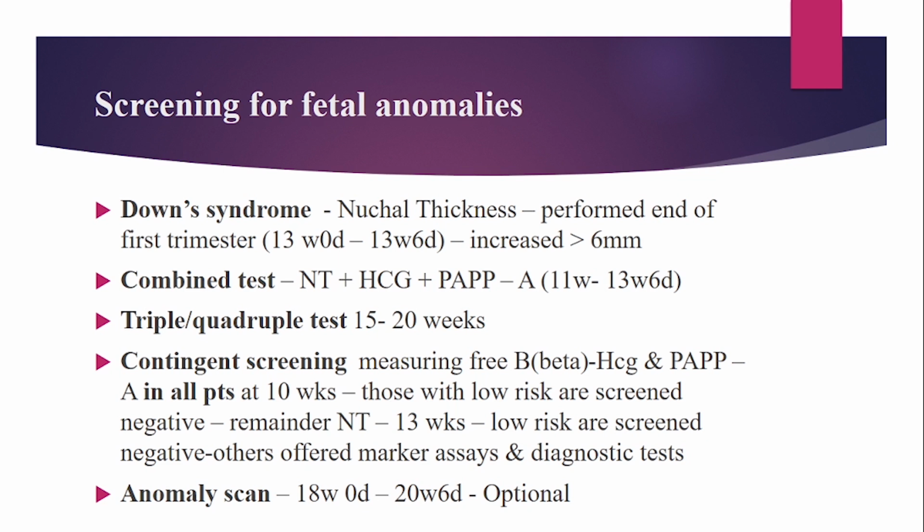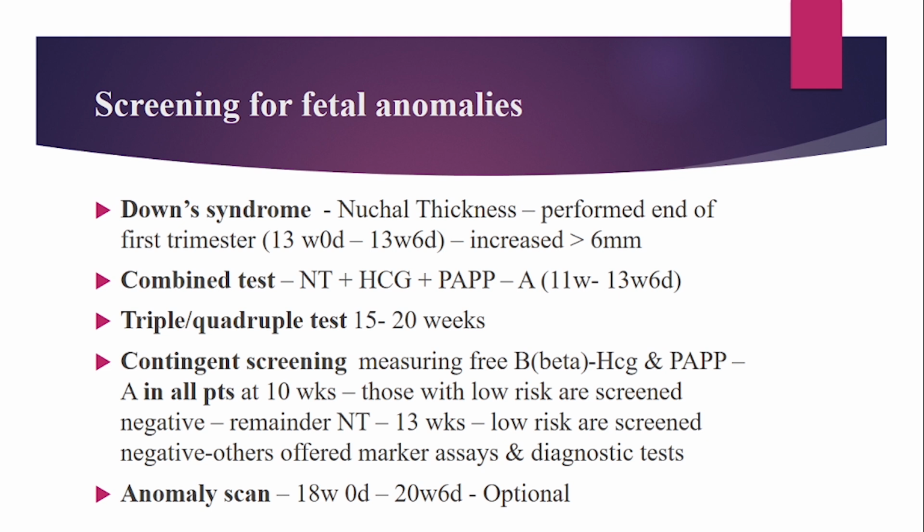We need to do a nuchal translucency scan, which is performed at the end of the first trimester at about 13 weeks. If it is increased more than 6 millimeters, then we need to watch closely. We may be dealing with a fetus with Down syndrome, particularly if the history is there. We need to do a combined test. We need to do a triple or quadruple test, which is done between 15 to 20 weeks.